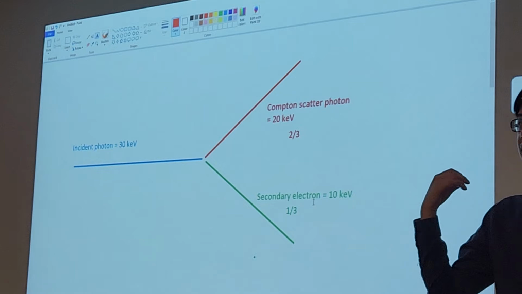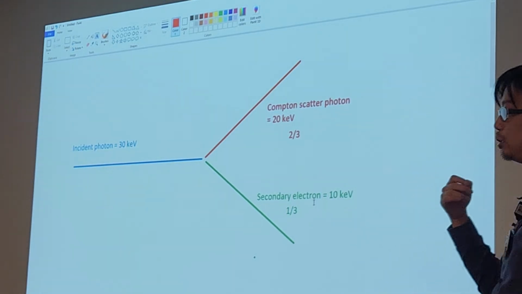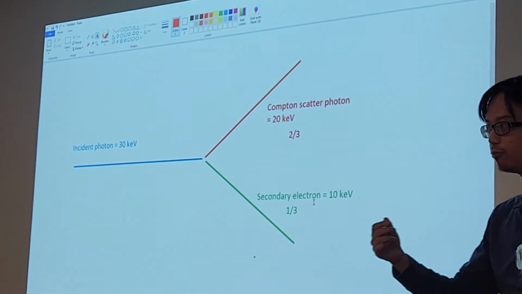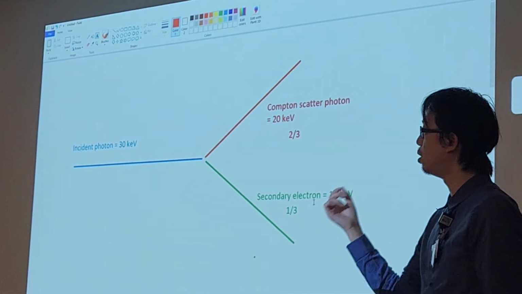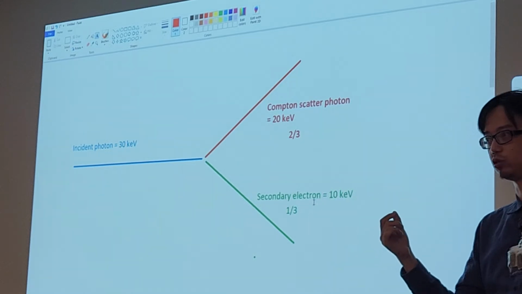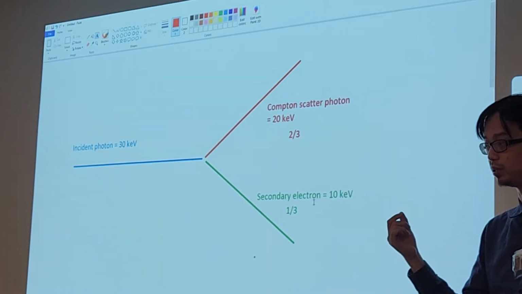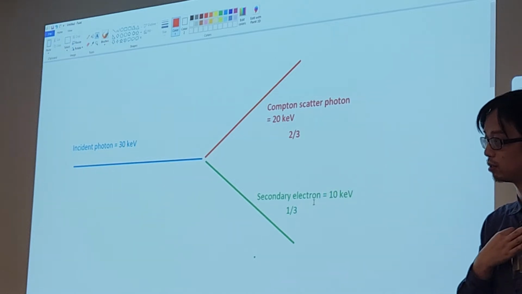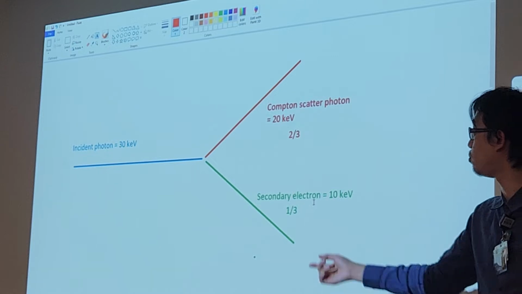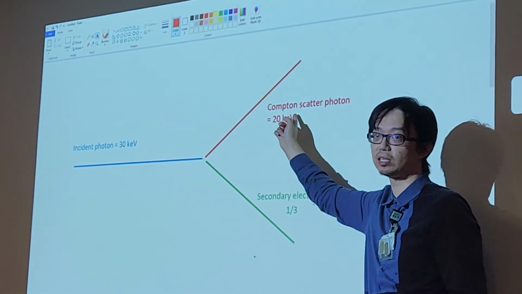Because of that, it can travel through the patient and reach our IR as remnant radiation. Or it exits the patient, goes away from the IR, so it's just regular scatter, not remnant, and hits us as occupational dose. That is why it's important to know this is relatively high energy.